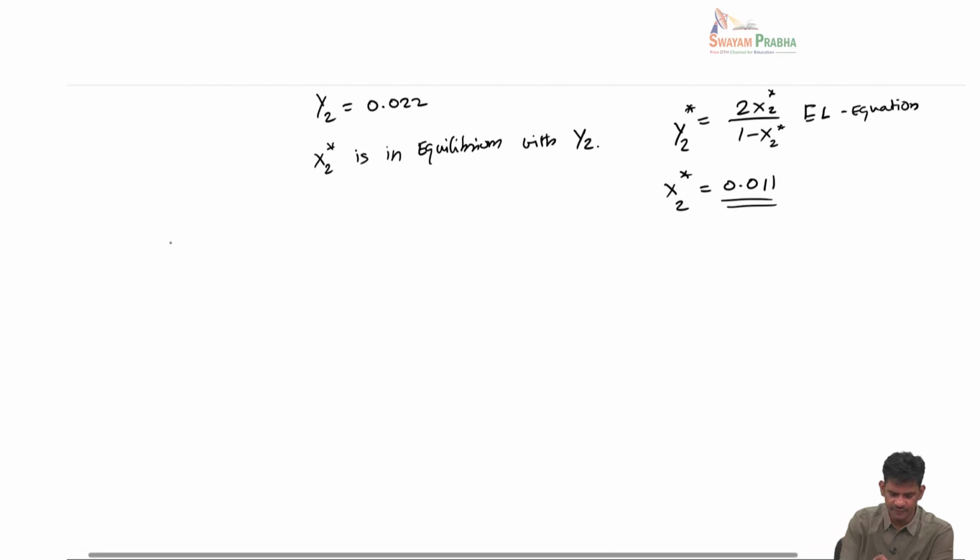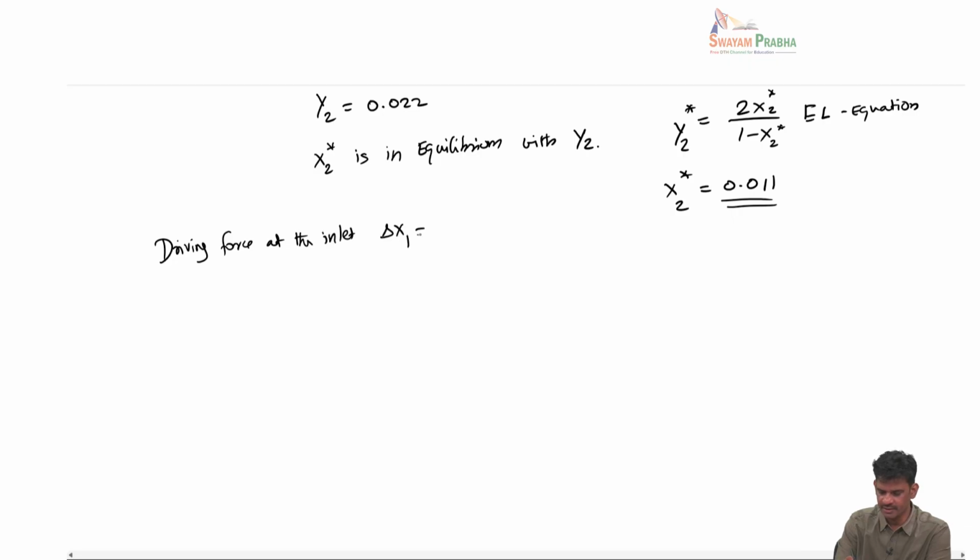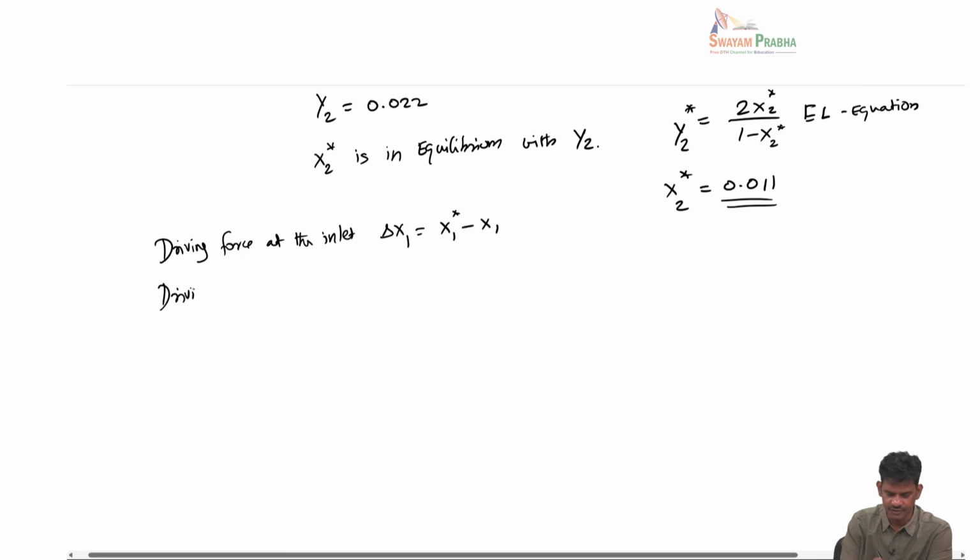So now the driving force at the inlet, delta X1, is X1 star minus X1, and similarly the driving force at the outlet or at the exit is delta X2 equal to X2 star minus X2.